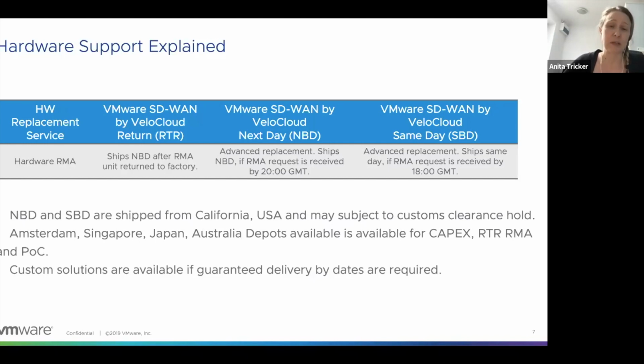So a ticket that's been opened that has next business day support, the device will ship the next business day after the ticket has been opened. No need to receive the box back first. And likewise, with the same business day, it is the same business day upon the ticket being opened. No need for the box to be returned first.